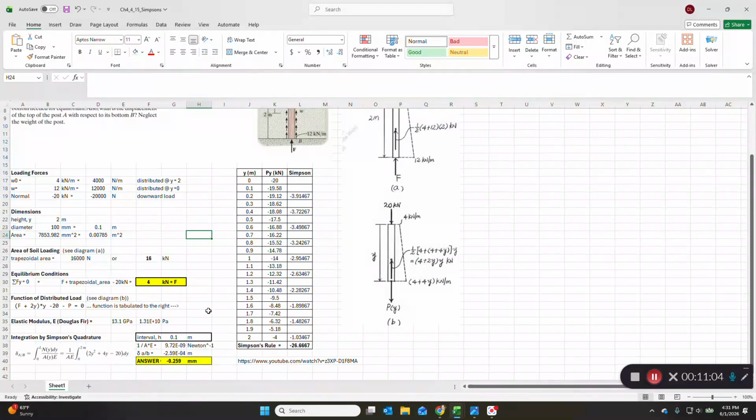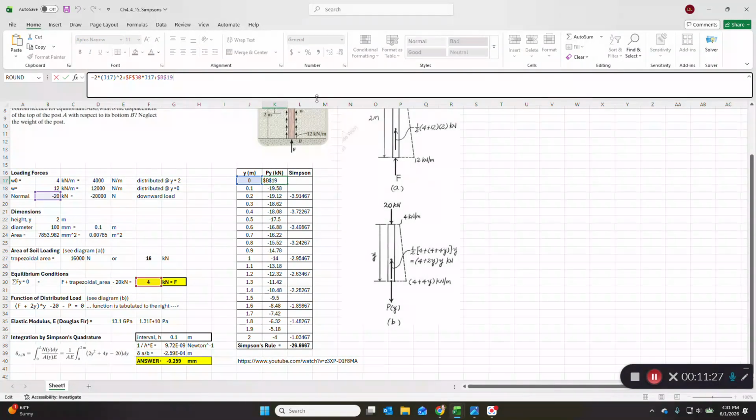And we need to integrate that function in order to solve this problem. So we're going to use Simpson's quadrature, Simpson's rule, to do that. And what we have to do is set up a column of height from 0 down to 2. And then our load is a function. It's the function.